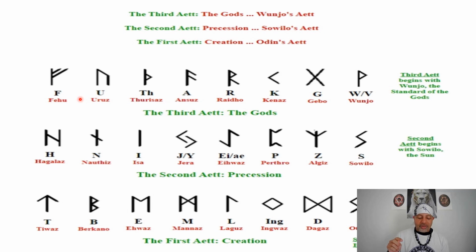The Futhark runes celebrate the movement of the sun out of the age of Aries into the age of Pisces. The birth of a new age was a virgin birth, Osiris Orion being the father, and Isis Virgo being the virgin mother. Awesome information regarding these runic energies and how they relate to creation, precession, and the gods.